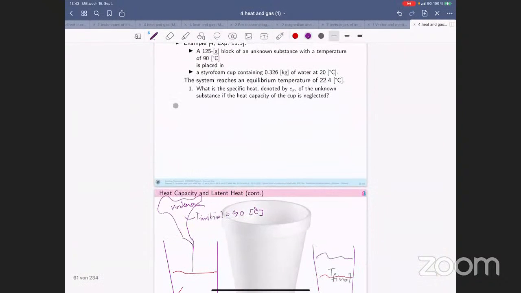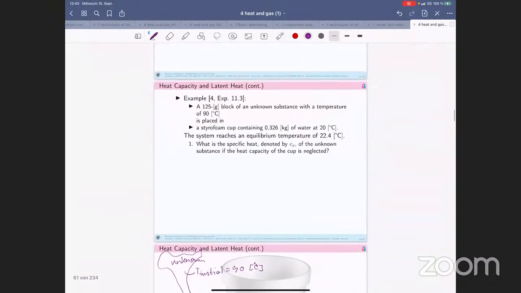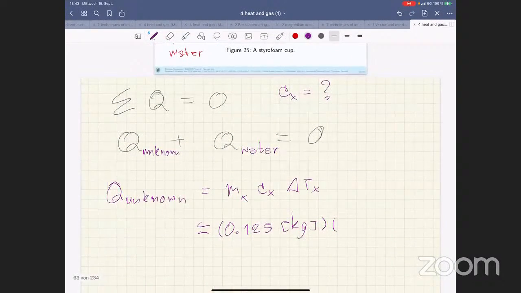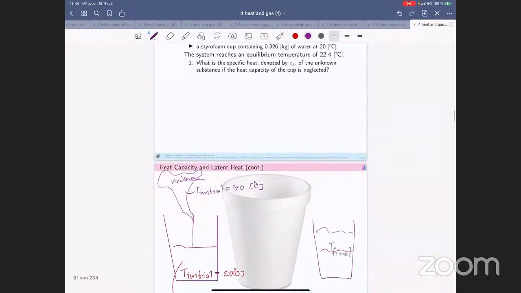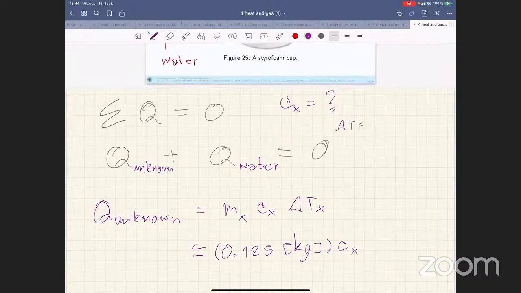They say 125 grams, so it's going to be 0.125 kilogram, right? And C is the specific heat capacity for this one, which is unknown. Let's say it's unknown, so we leave it like a simple variable. And delta T, as you know, delta T is T final minus T initial.